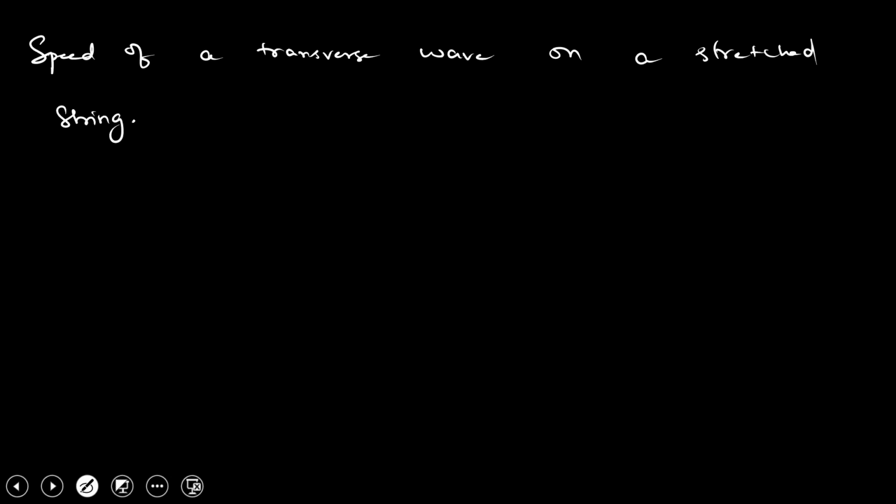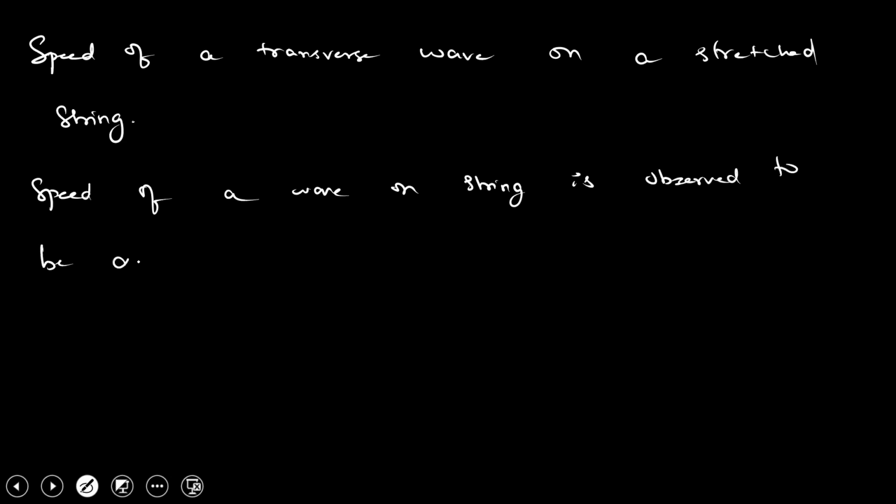Okay. So the speed of a wave on a string is observed to be dependent on the first part, which is the tension in the string.